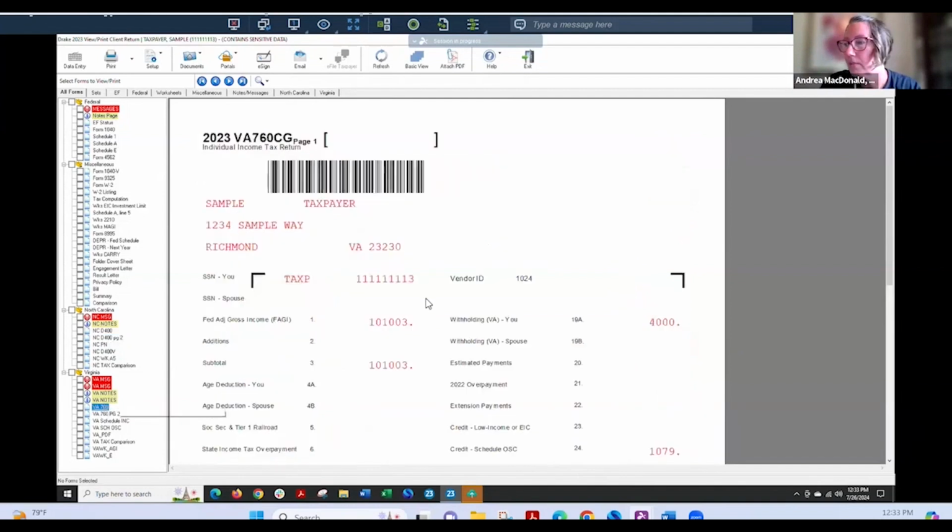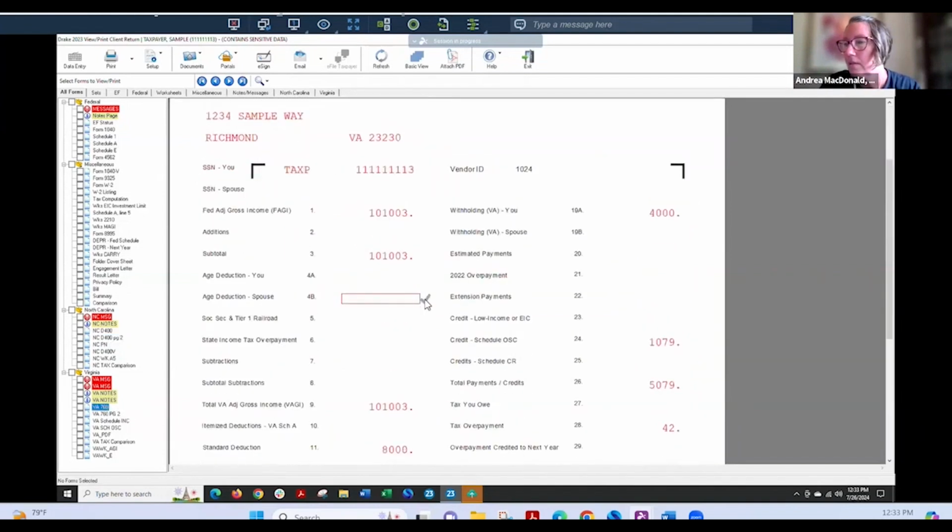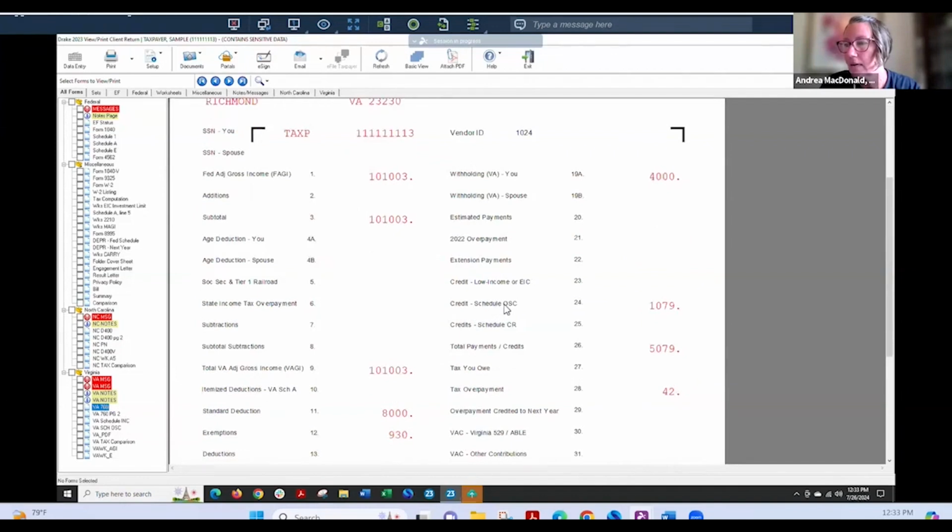When we come over to the Virginia resident return, everything flows the same, but here we see that credit of $1,079 for the tax they had to pay to North Carolina. So again, that $26,000 change of rental income that was earned in North Carolina is still taxable in Virginia. It's going to be in the Virginia taxable income amount, but then they'll get a credit for the tax they paid in North Carolina.